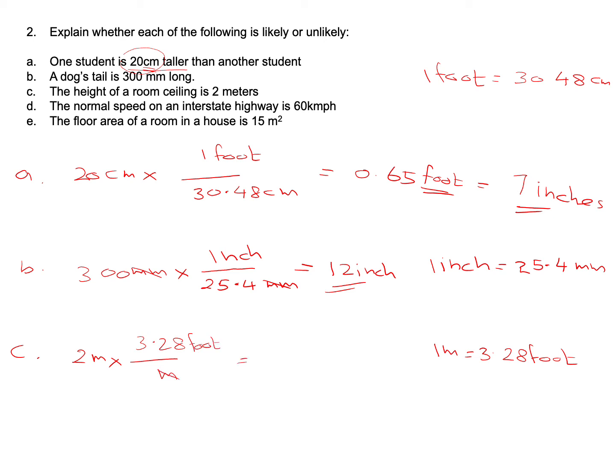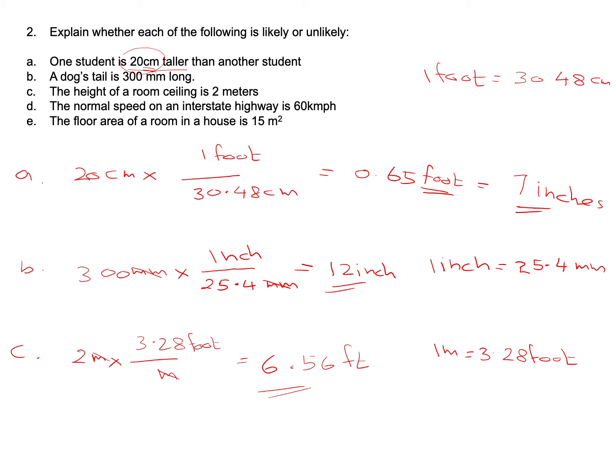Meters cancel. So 2 times 3.28 is equal to 6.56 feet. So it's possible, a 6 foot tall ceiling. Yes, it's possible.